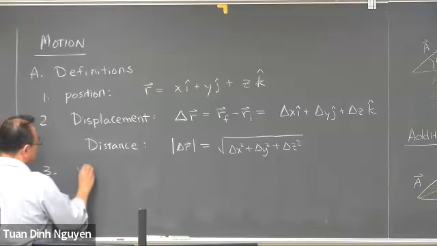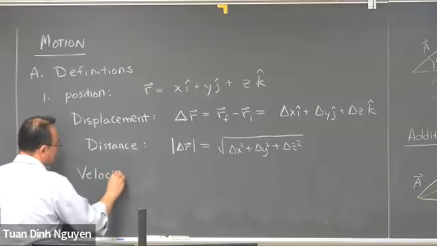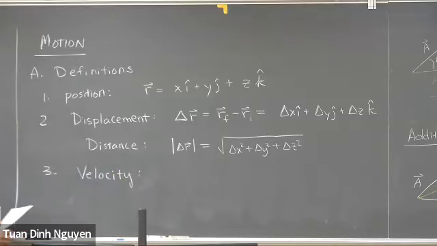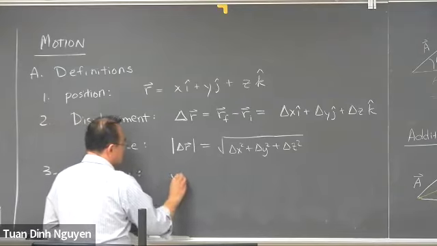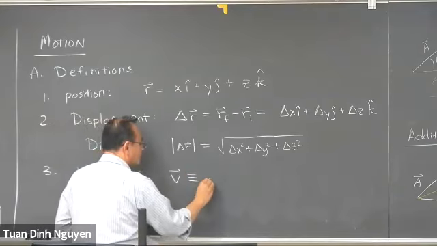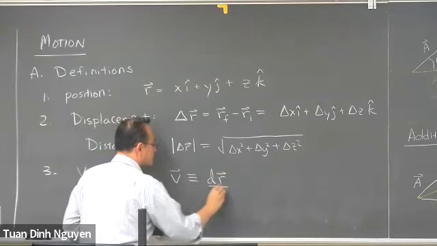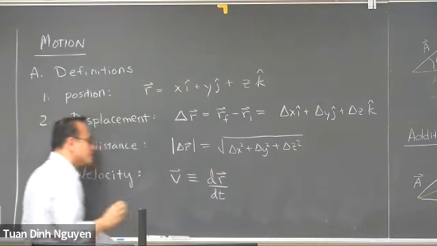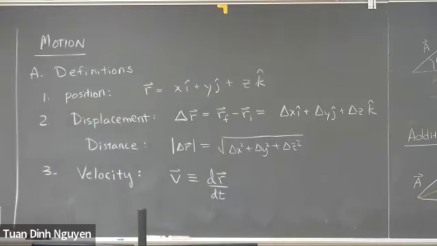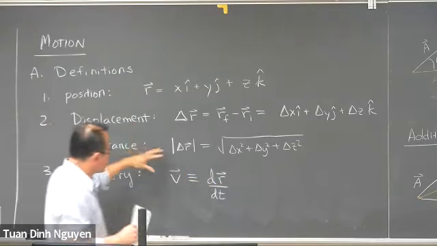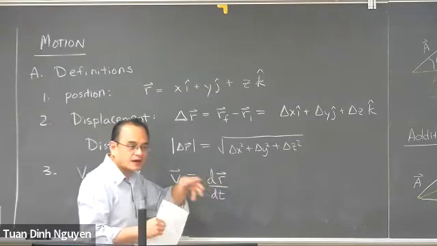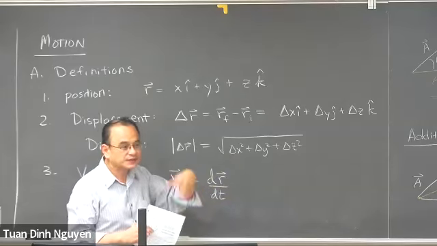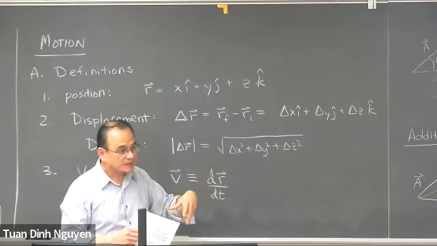Third is velocity. And this is instantaneous velocity. All right, and you had some problems. It's defined as the time rate of change of the position. A lot of you in your homework are a little confused what to do. Do I put the time in and then take the derivative, or do I take the derivative and then put in the time?